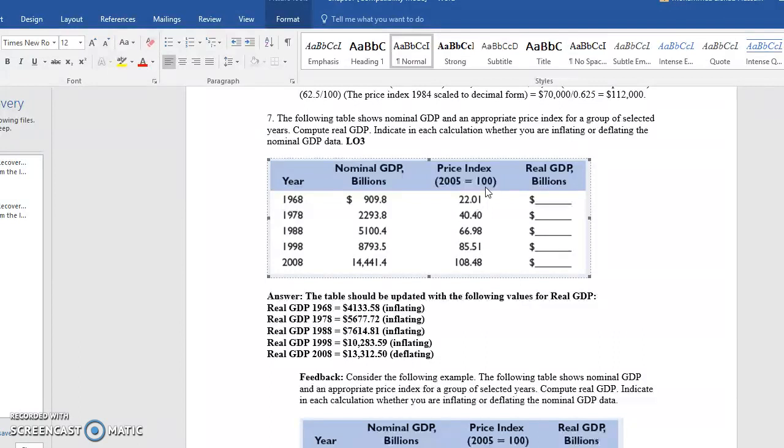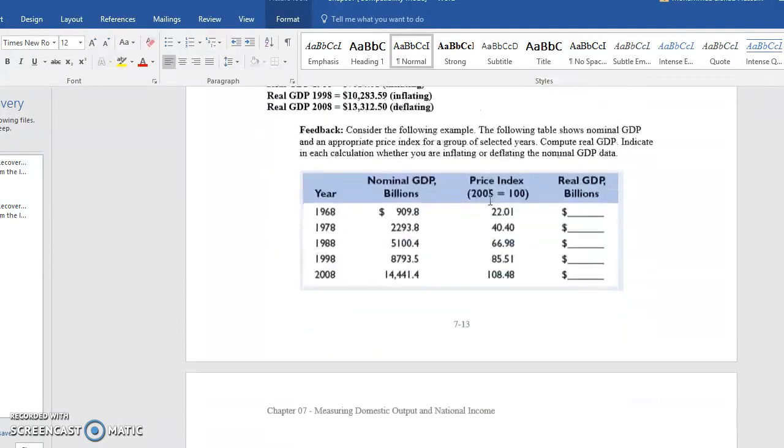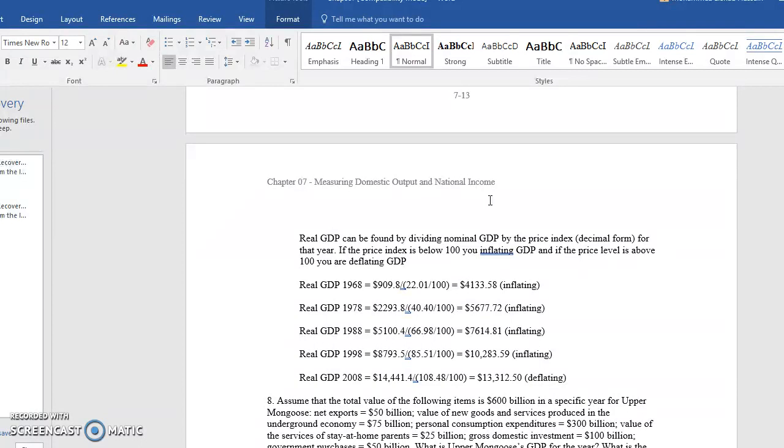We can go to the slides and the textbook and see that when we have nominal GDP and price index, we can easily find real GDP. In every row, divide the nominal GDP by the corresponding price index and multiply by 100, and that will give us real GDP for that year. So this is what they are doing here.